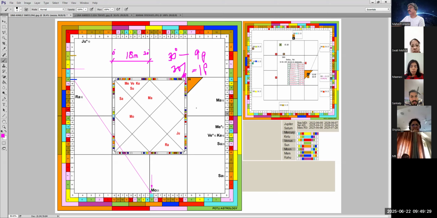How much is that? 3.33. 3.33, 30 divided by 9. So 3.25 months. It goes into 1 pada. Okay. So 3.25 months ago it has come here.